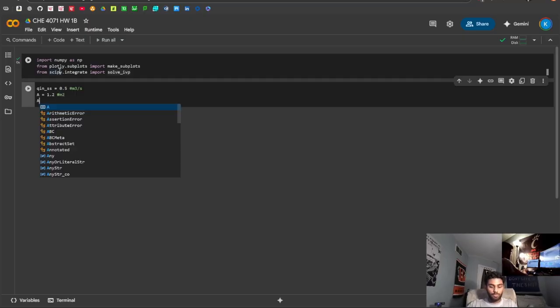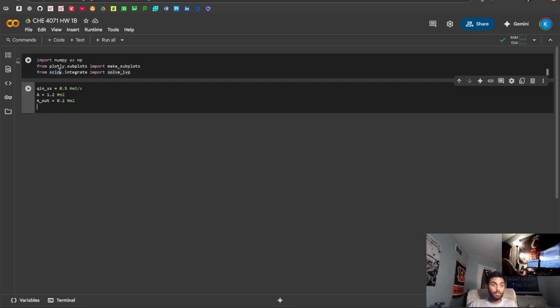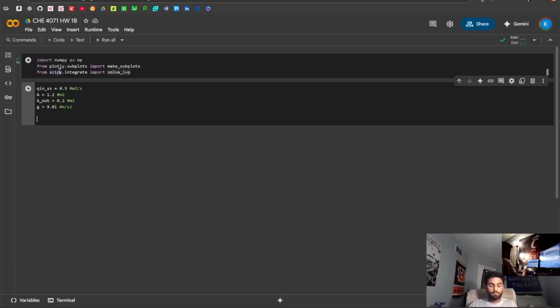We know the area of the outlets is equal to 0.2 meters squared. And we'll throw gravity in there because we are going to end up using gravity. Gravity is equal to 9.81 meters per second squared. Right? So here are our knowns.